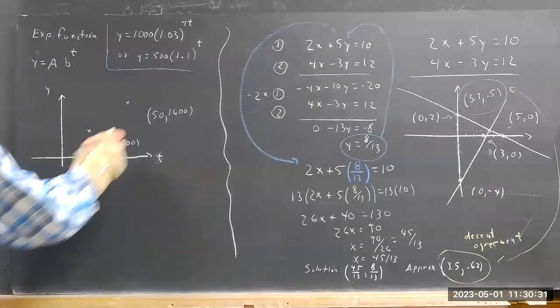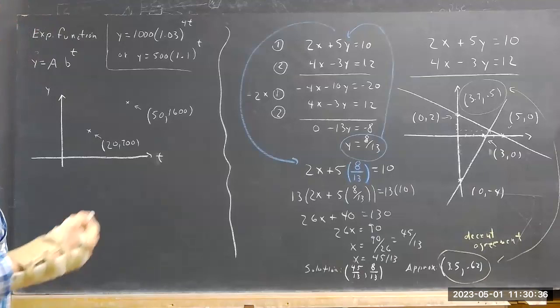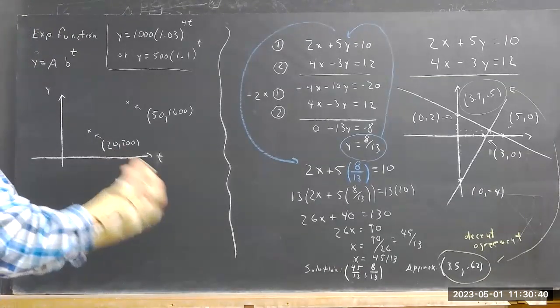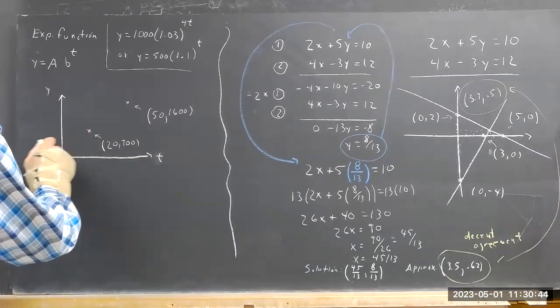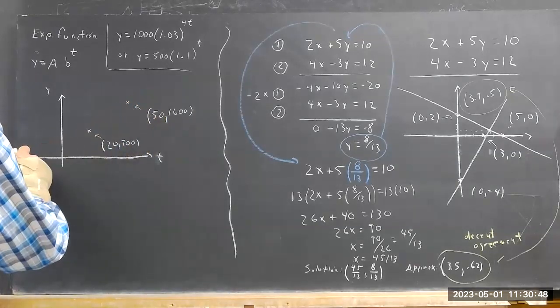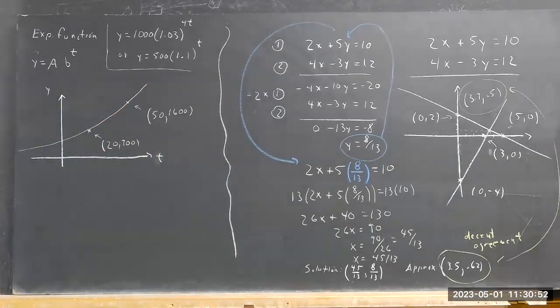Now we expect that this is something that behaves exponentially. Maybe it's a population, maybe it's money, one thing or another. And I can try to draw a reasonable graph of an exponential function through these points.